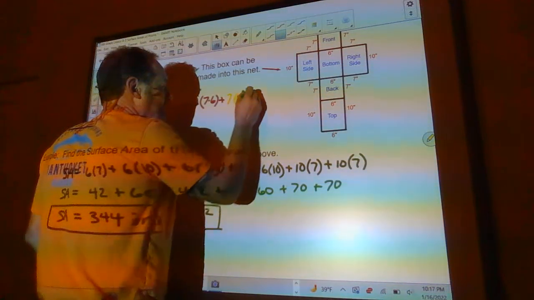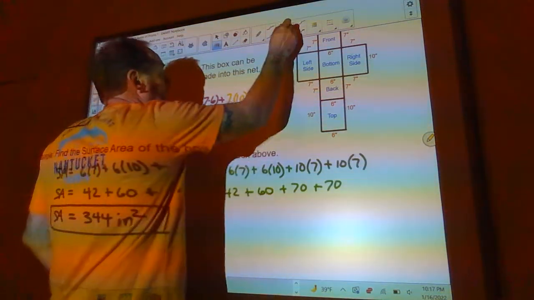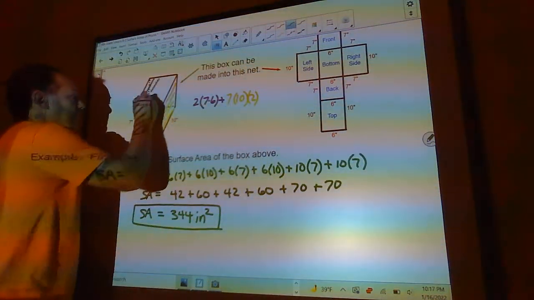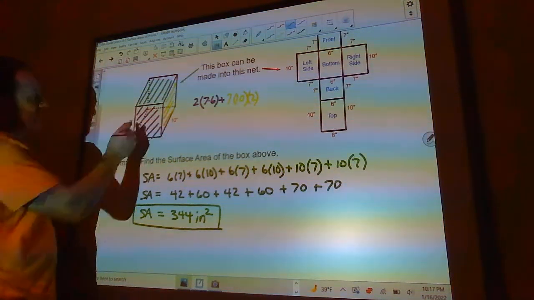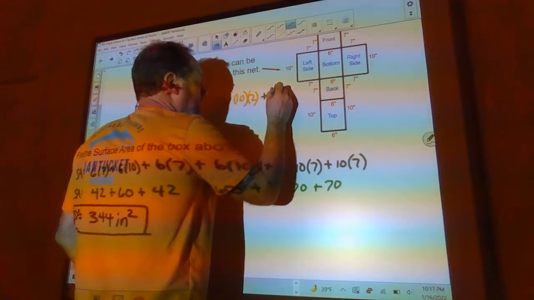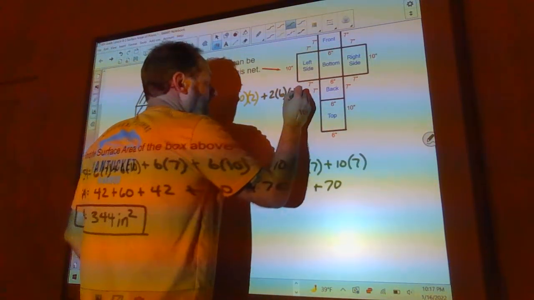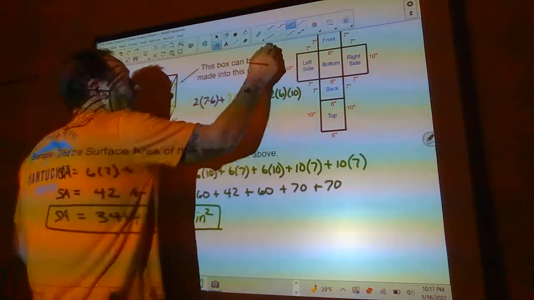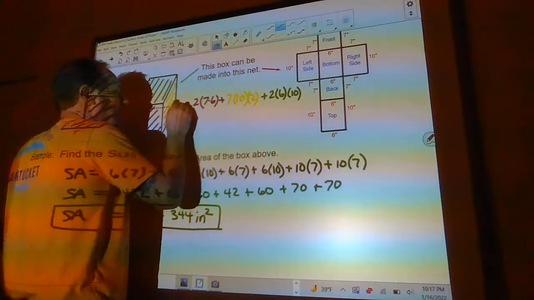But there's going to be 2 of those too, so I'm going to double that. And then the top is going to be 6 by 10, so there's 2 of those. And now I can add those up.